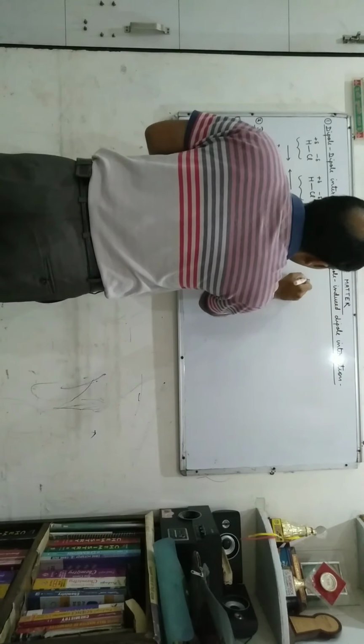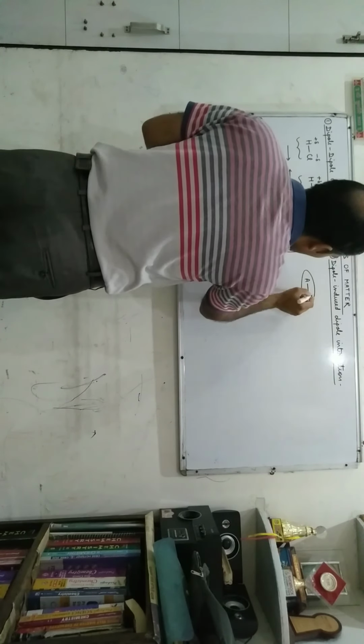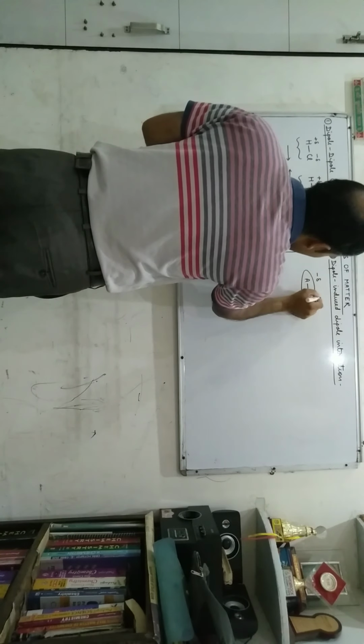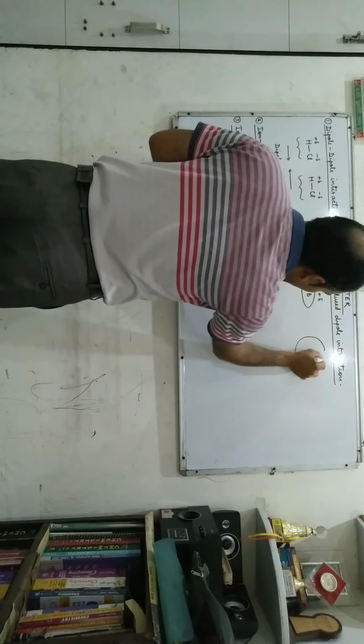Suppose we have a polar molecule AB in which A bears partially negative charge and B bears partially positive charge. It is brought near a noble gas.